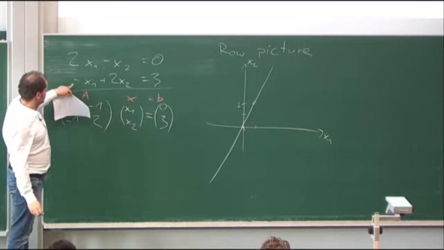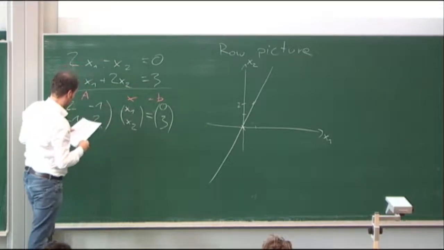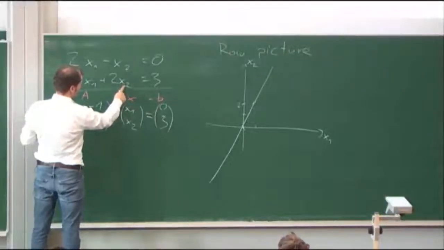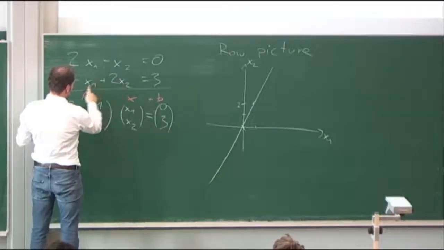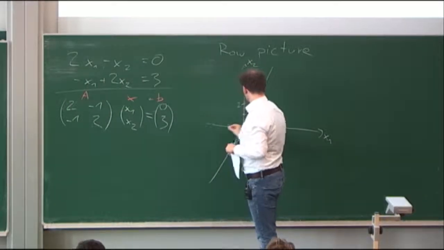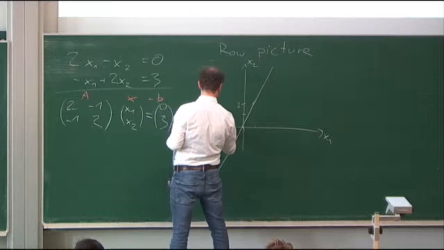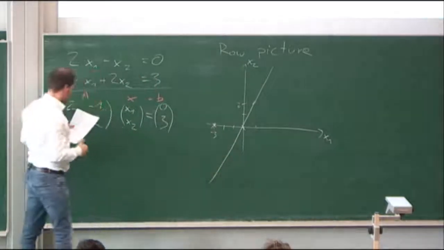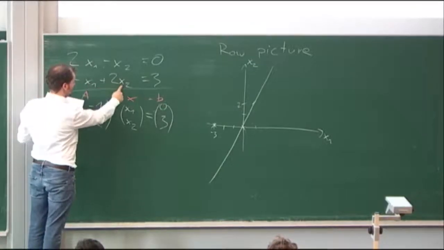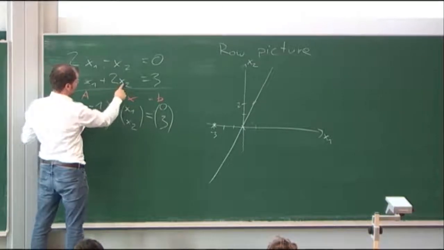And then if we look at the second equation, let's look at which points x1, x2 fulfill the second equation. Maybe first we can set x2 to 0, and if x2 is 0, then x1 should be -3. So if x2 is 0, so I'm here, then x1 should be -3. 1, 2, 3. It's -3. So the second line has to go through this point. And then if x1 is -1, then x2 should be 1, right? -1 times -1 is 1, plus 2 is 3.